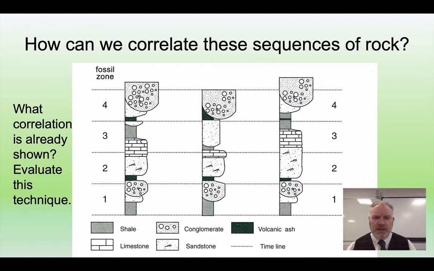Things start to get a little bit different in 2, but by 3, there are clear differences between the environments that exist at the same time in these three different locations. So if we're going to link the facies, the sedimentary environments, this technique really isn't going to work well for us.